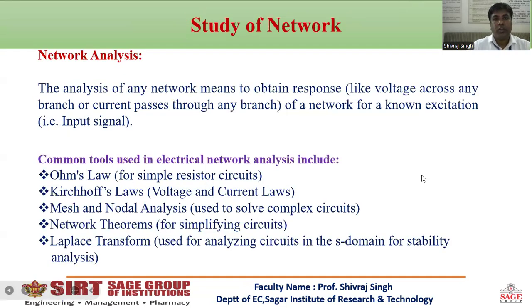Next one, study of network. Basically, there are two types of network study. First one, network analysis, and another is network synthesis. Network analysis of any network means to obtain the response of the electrical network, like obtaining the response across any element for a given excitation.